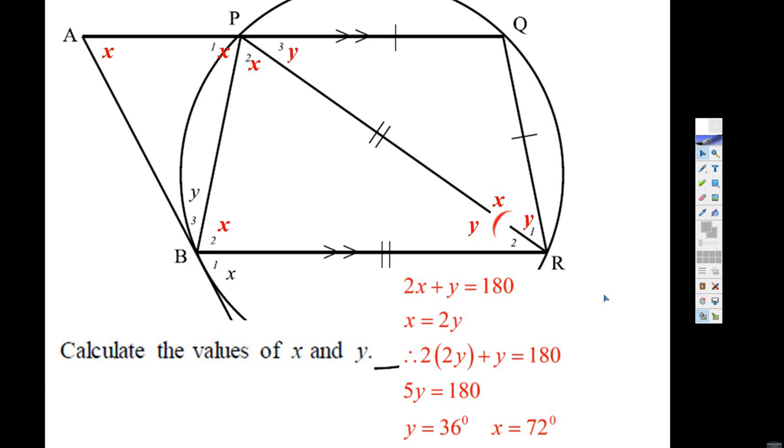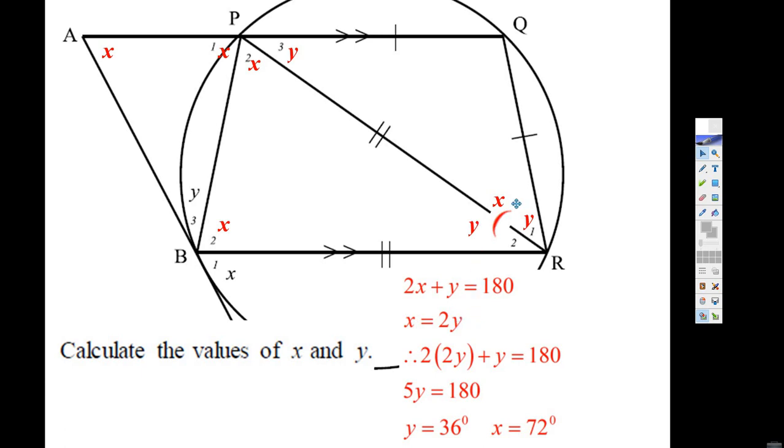You should give reasons. So that's one equation: 2x plus y equals 180. Now, the next thing is this whole angle QRB is equal to x, but R2 is equal to y, and R1 is equal to y. Well, that means x is the same as 2y.